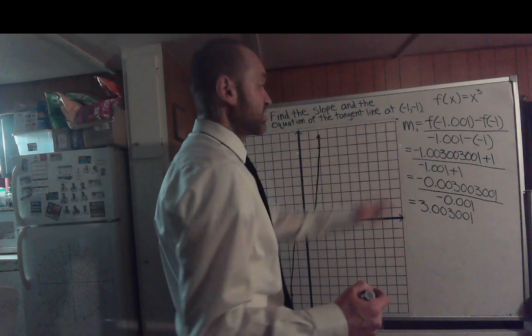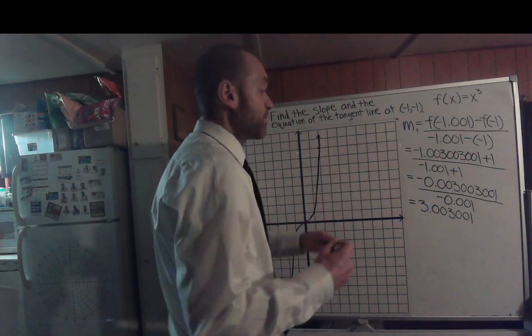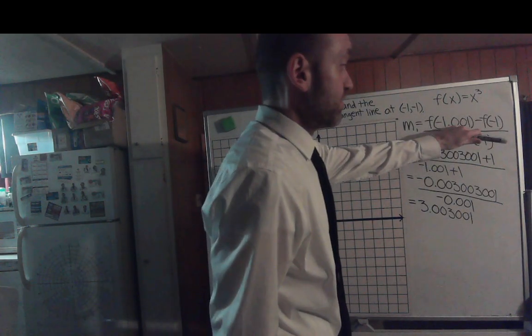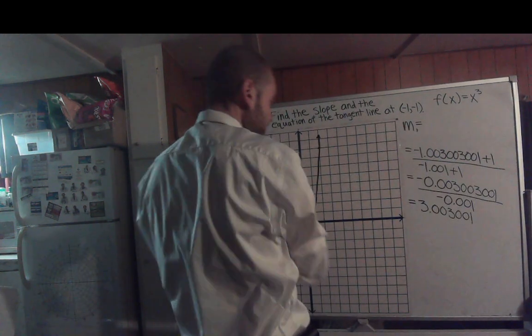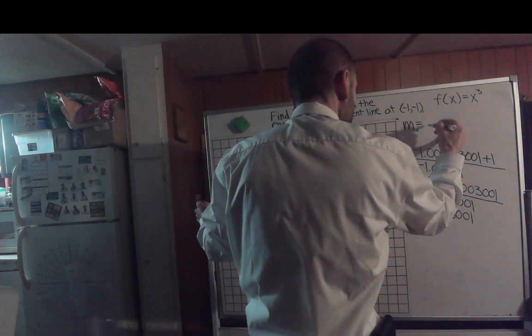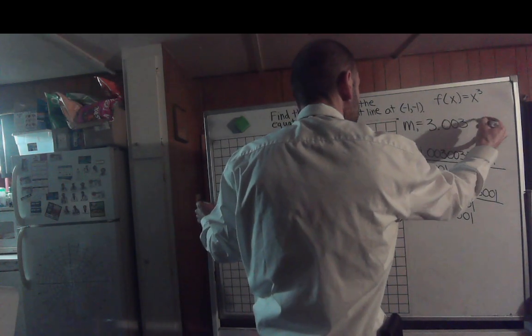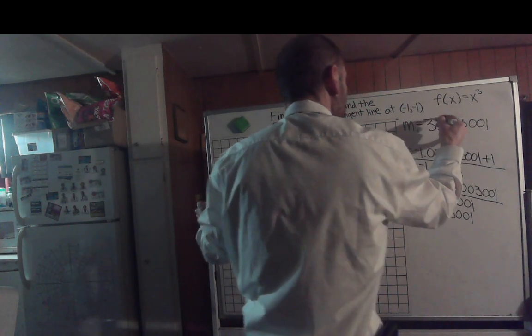That would be your slope of the first secant line from x equals -1.001 to x equals -1. So let me write that slope up here. So that slope would be 3.003001.